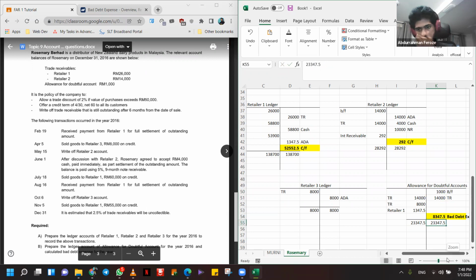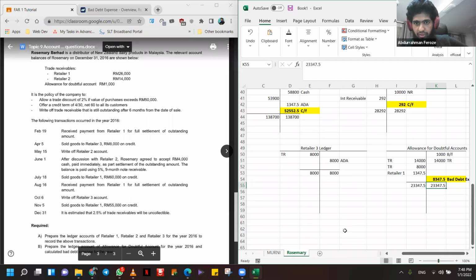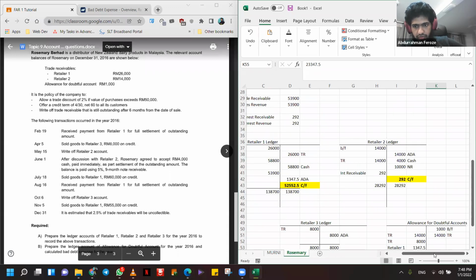So the bad debt expense for the year would be 8,347.5. Okay. Any other questions? Was this clear how this was solved?